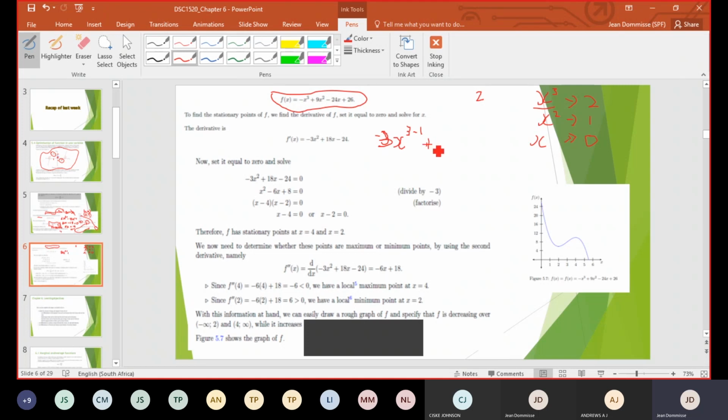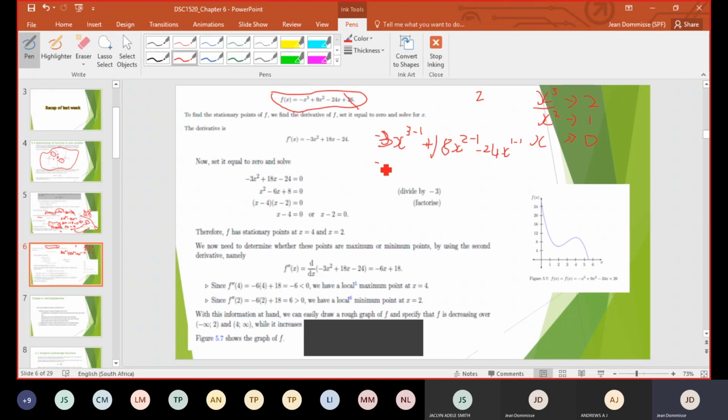So then let's do the 9 times 2 is 18. x again, 2 minus 1. Minus 24x will become minus 24. And let's just write that 1 minus 1. And the 26 will disappear because it is a constant.